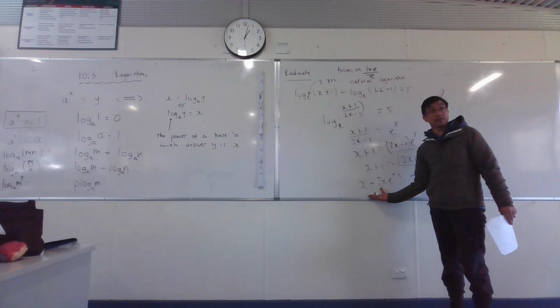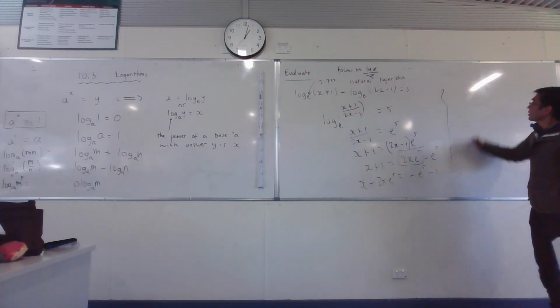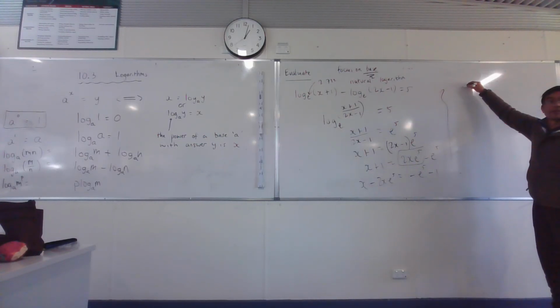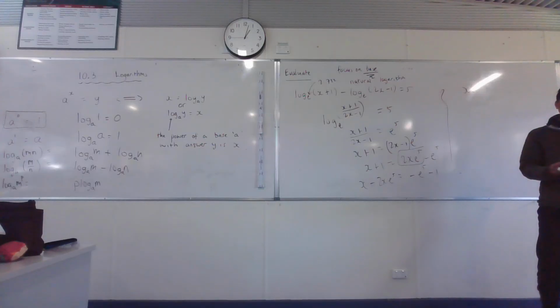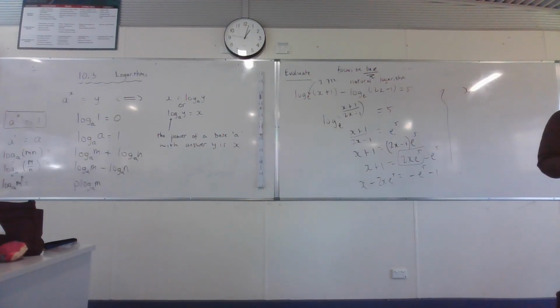I want 1x. Can someone repeat what Nathan said a few seconds ago? We factorize x out, brackets once again. So you need to be able to know when to bracket things or de-bracket things.